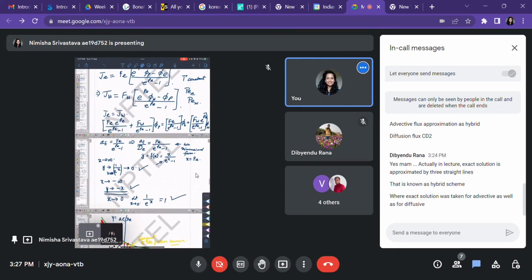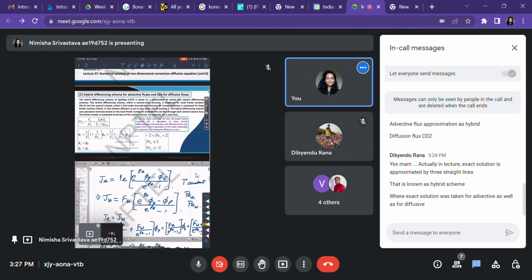Let's have a look. The hybrid differencing scheme of Spalding is based on a combination of central and upwind differencing schemes. The central differencing scheme, which is second order accurate, is employed for small Peclet numbers. We see why that is happening: for small Peclet numbers, diffusion is more dominant.